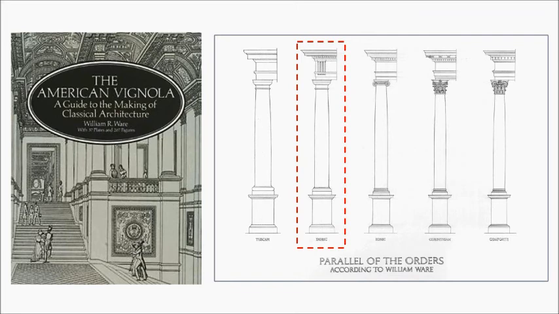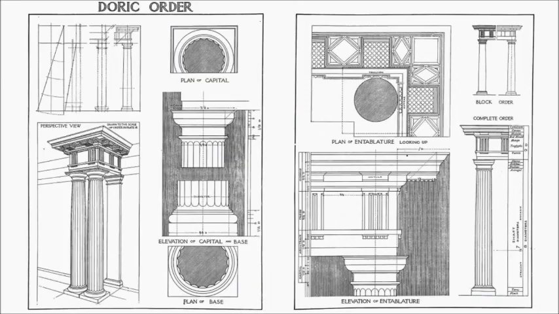The Doric order is one of 5 classical orders. It is one of the lower orders, and what makes it unique is that specifically in the Doric order, it has above the column what are called triglyphs.